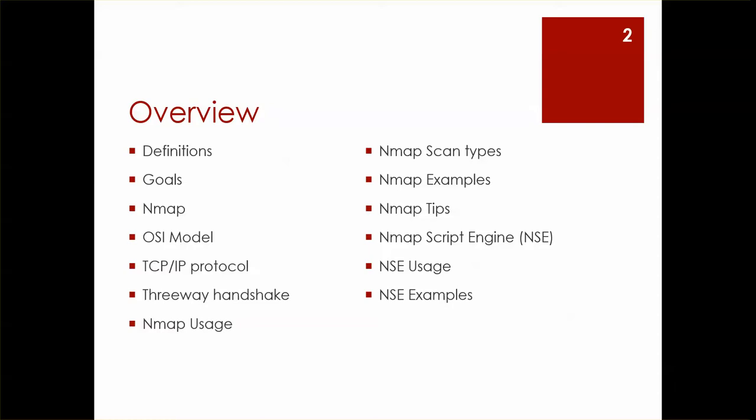So a brief overview: we will go through definitions, what is the goal of using Nmap, a little bit of introduction about Nmap itself, the Open Systems Interconnection model, the TCP/IP protocol, the three-way handshake. Then we're going to go into Nmap usage, different types of scanning, examples, some useful tips and lessons learned from previous experiences.